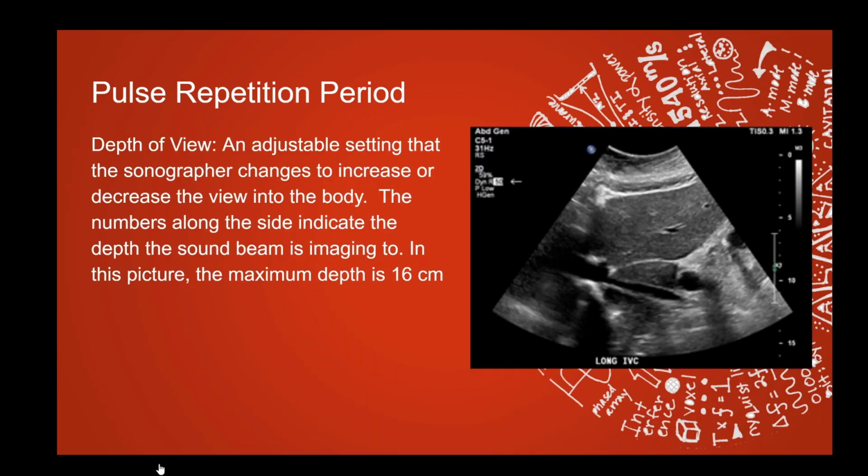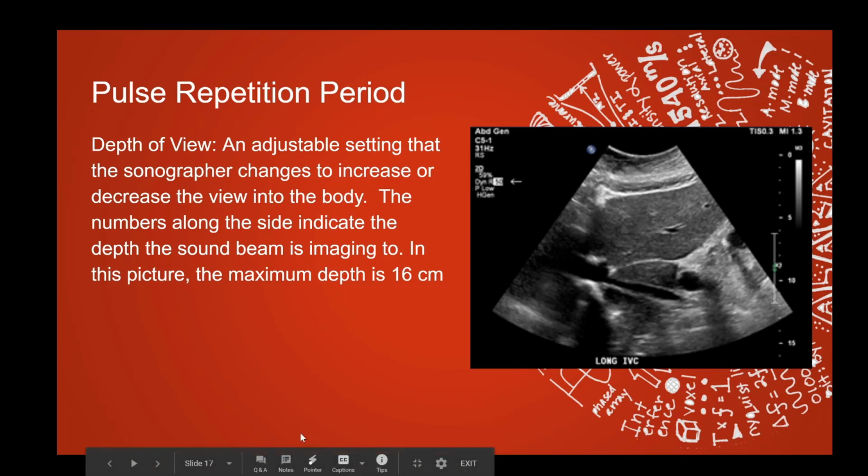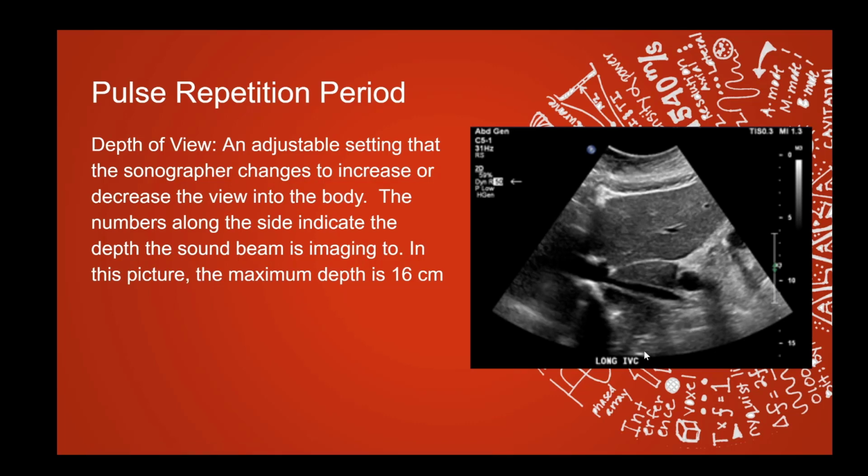As I've already mentioned, the depth of view is what mostly affects the pulse repetition period. And this is why it makes pulse repetition period adjustable. So when we say depth of view, we're talking about how deep do you have the machine set to image into the body. Usually on your ultrasound machine, along the side, you'll see a group of numbers with hash marks in between.